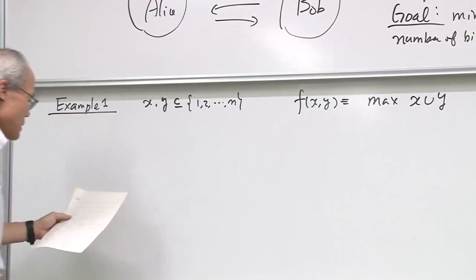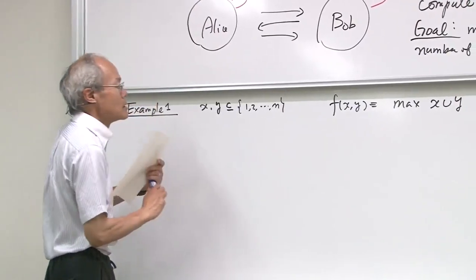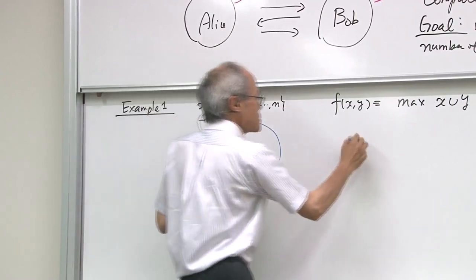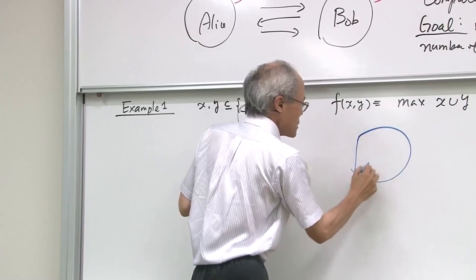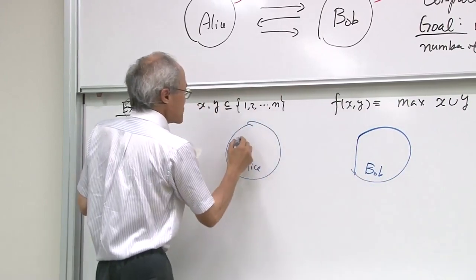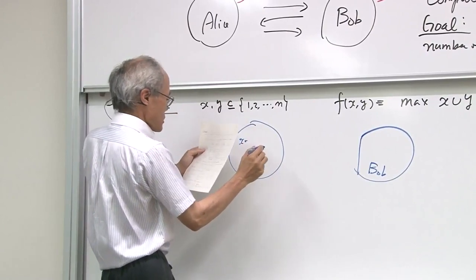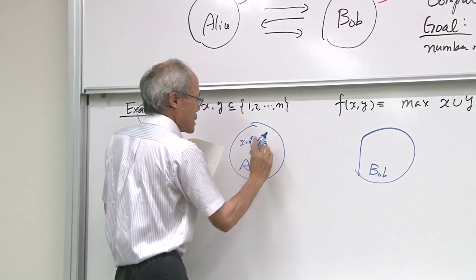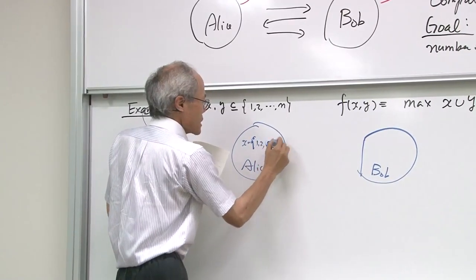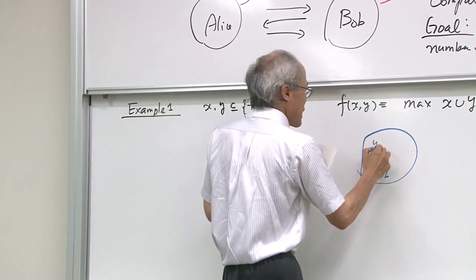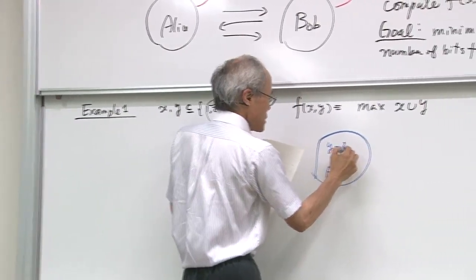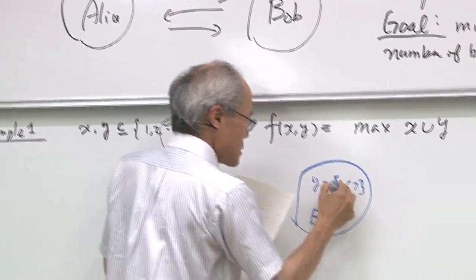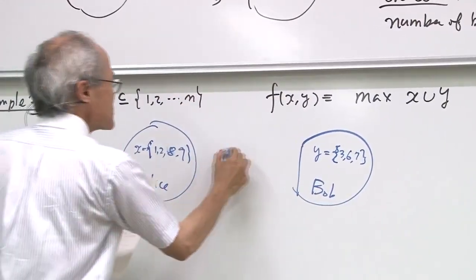Alice has an input x equal to something like 1, 2, 8, 9. And Bob has input y equal to 3, 6, 7. So this is the situation.